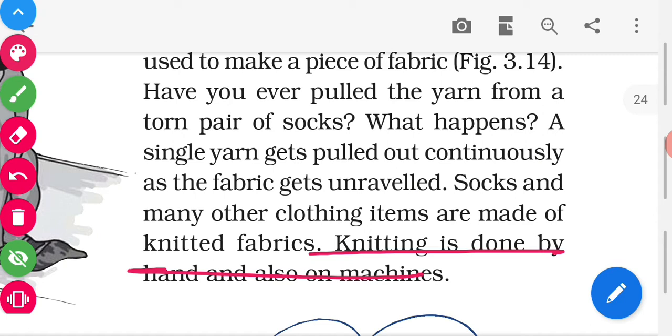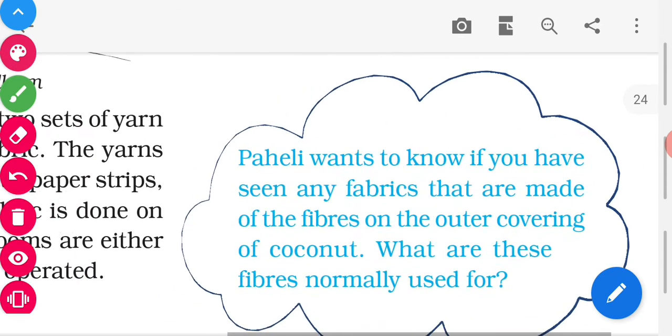In your socks, when a single thread is removed, the whole sock will come apart. This is because all the threads will be removed immediately. This is because they are made up of a single thread, and all sweaters are also made up of a single thread. That is known as knitting, the process of arranging yarn into fabric by using a single thread, a single yarn.